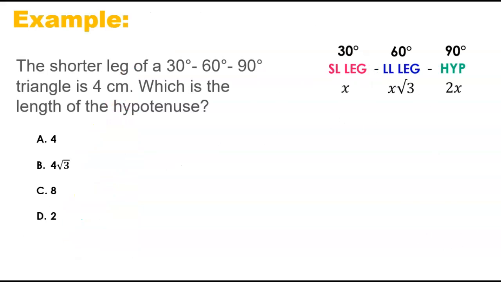Let's look at this other example. It says the shorter leg of a 30, 60, 90 triangle is 4. You can draw a picture, and you guys know that I love when we draw up the pictures. I highly suggest that. So the shorter leg is across from the 30, that is 4. So underneath the 30 degrees, the short leg, I'm putting a 4.